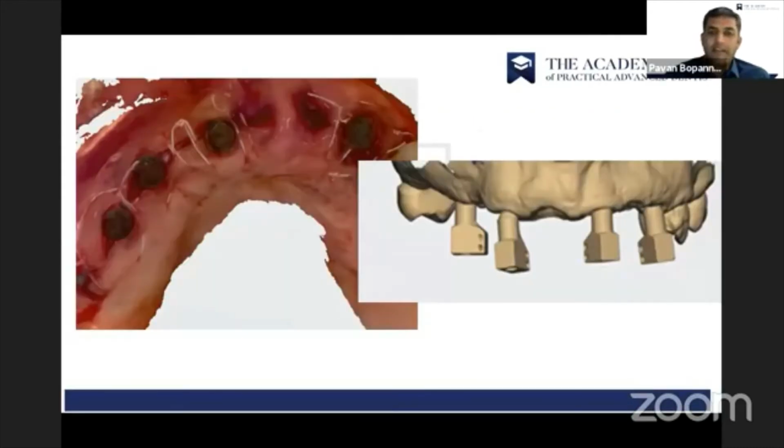Another thing, the reason I've put these 2 photos here is the one on the left is for people who don't have access to scan bodies or advanced design softwares. Scan bodies are easy to get, but if you don't have Exocad or 3Shape lab softwares, it gets very, very hard to design implant level restorations, implant supported restorations.